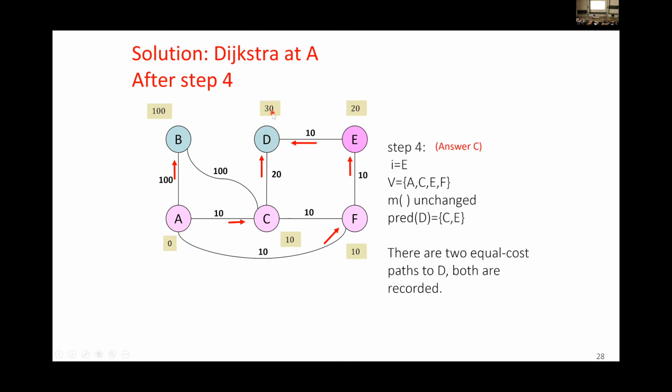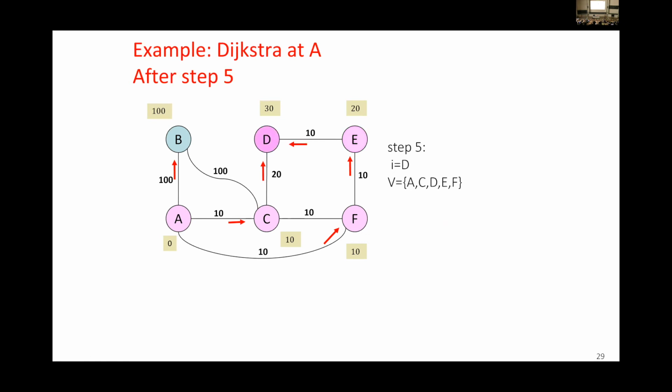For D, we will see that we have 30. This is not improved, but it has an equal cost, which means I have a second path of cost 30 here, which is added. And we see that the predecessor of D now is a set with two elements, C and E, which corresponds to the fact that there are two equal cost paths to go to D. So this is what will happen at step 4.